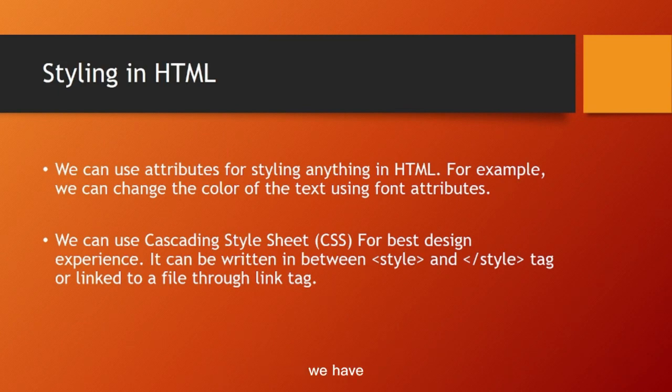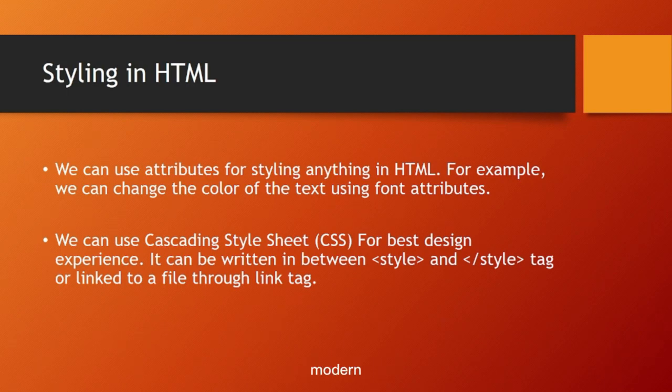The next point is that we can use Cascading Style Sheets, or CSS, for the best design experience. It can be written between style tags or linked to a file through the link tag. Let me explain what CSS is in short. CSS stands for Cascading Style Sheets, which allows you to design HTML documents easily.